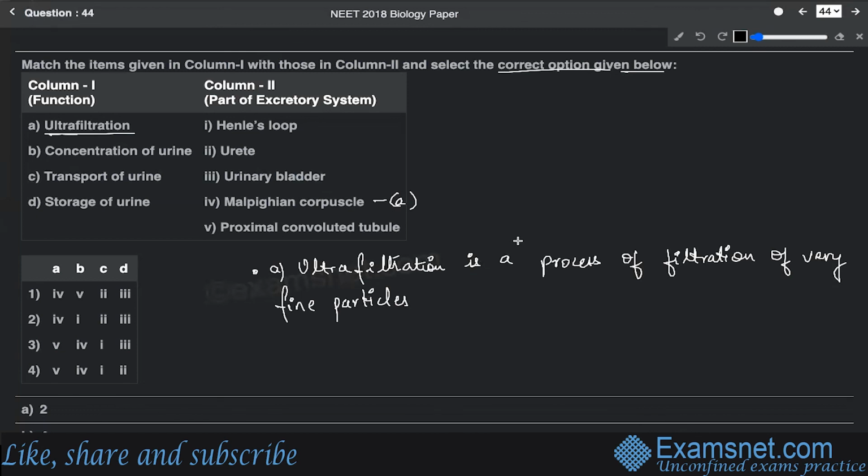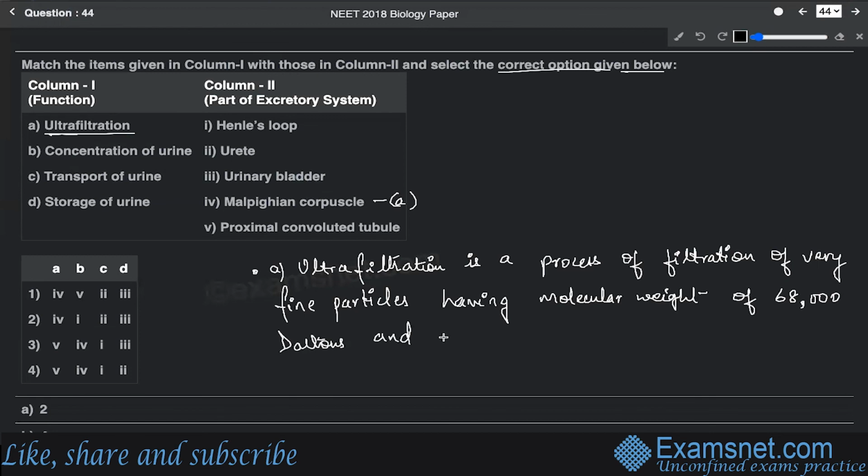So very fine particles having molecular weight of 68,000 daltons.